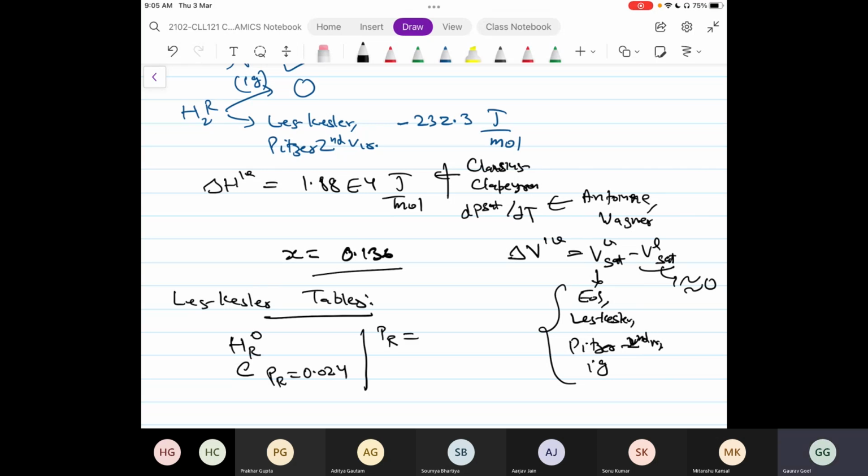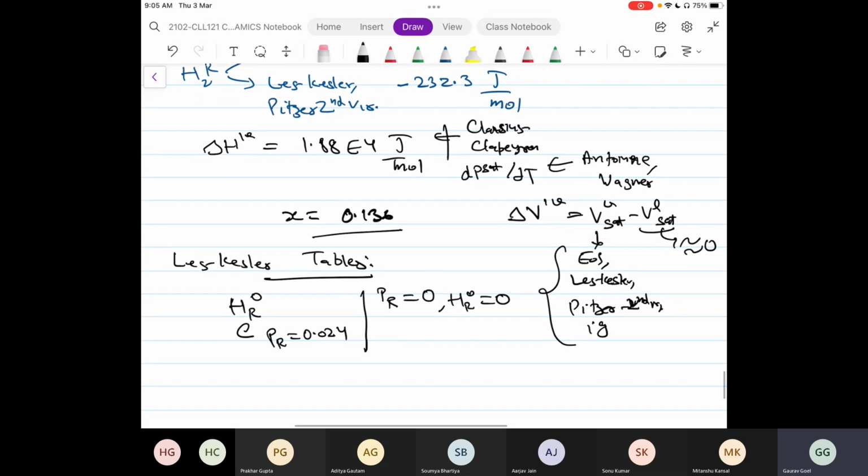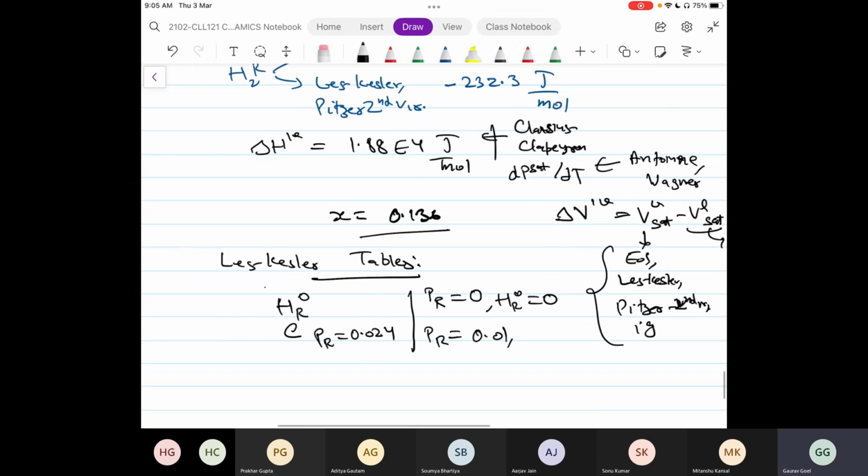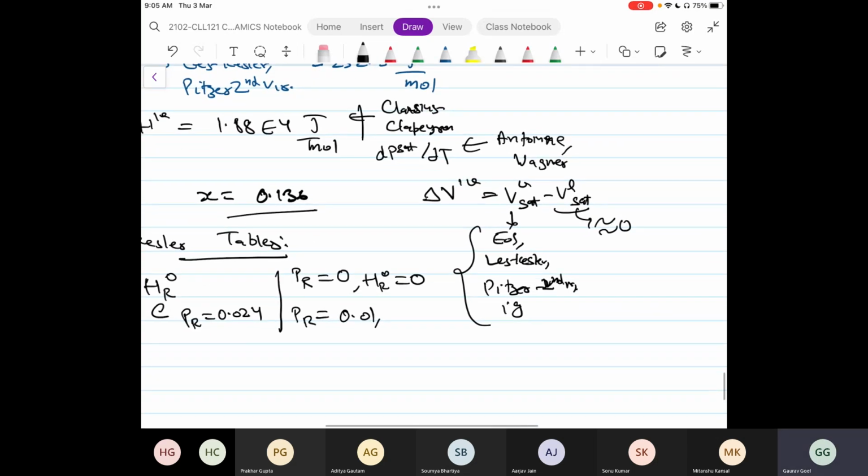You will have a value at PR equal to 0, where they say that the fluid is like an ideal gas. So even if this value is not given, you can add this value to the Lee-Kesler tables. Then at PR equal to 0.01, temperature I don't remember. TR was either 0.6 or 0.65, so it is one of these two values.